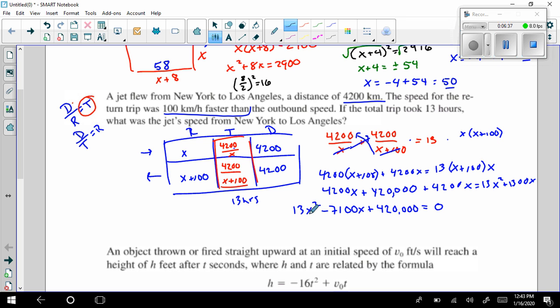But I have 13x squared minus 7,100x, so combining these and then subtracting them here, this needs to be minus 4,200,000. I wanted this really bad to reduce by 13. It doesn't, but you would just plug this into the quadratic formula and solve it out from there.